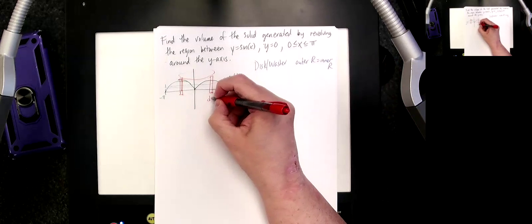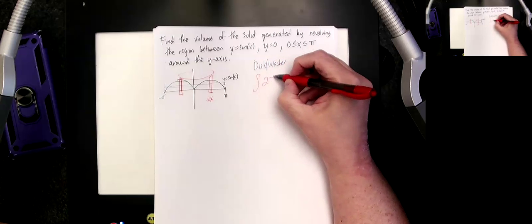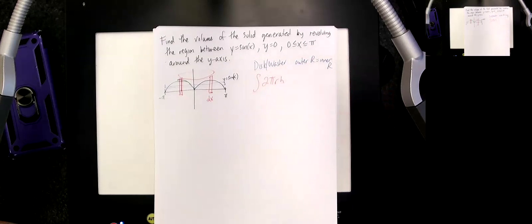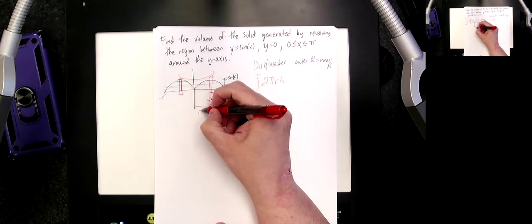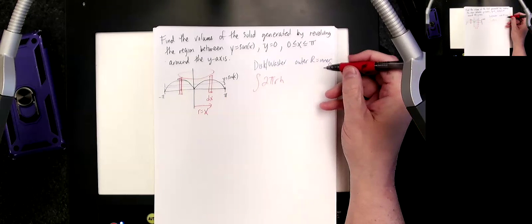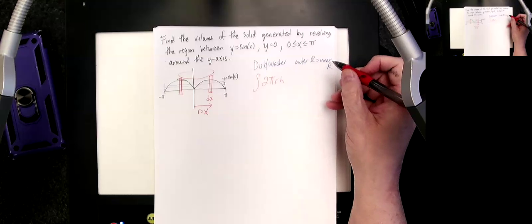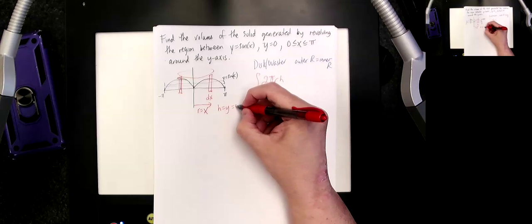So the width of this is a dx. And when we did cylindrical shells, it was 2 pi r h. So going out to this block here, the radius is actually just x. And it looks like the height is y, which equals sine x.